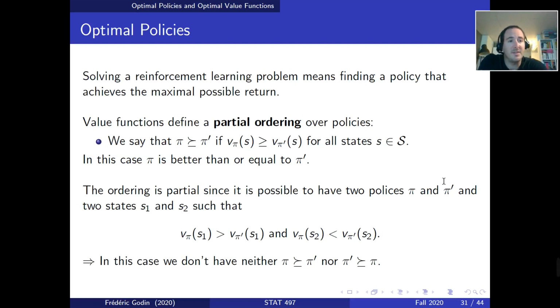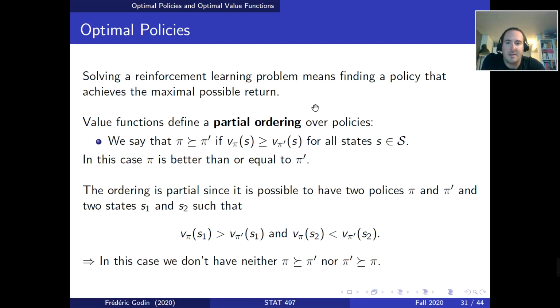In this video we'll still discuss value functions, but now we will discuss the notion of an optimal policy. So a policy which maximizes the value, where value is the expected future discounted rewards in each of the respective states.